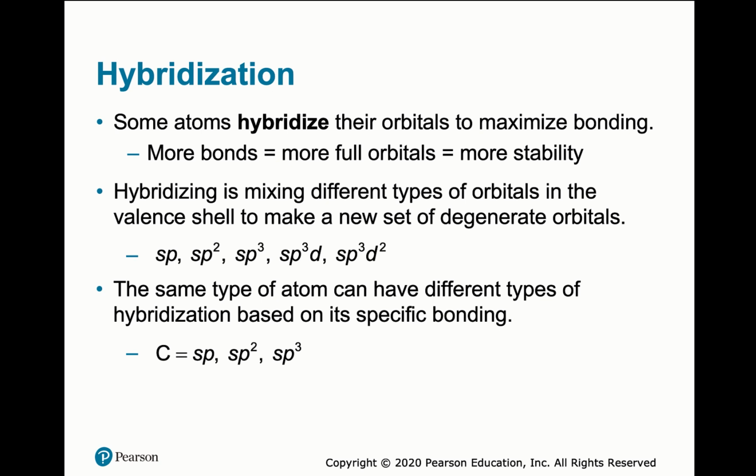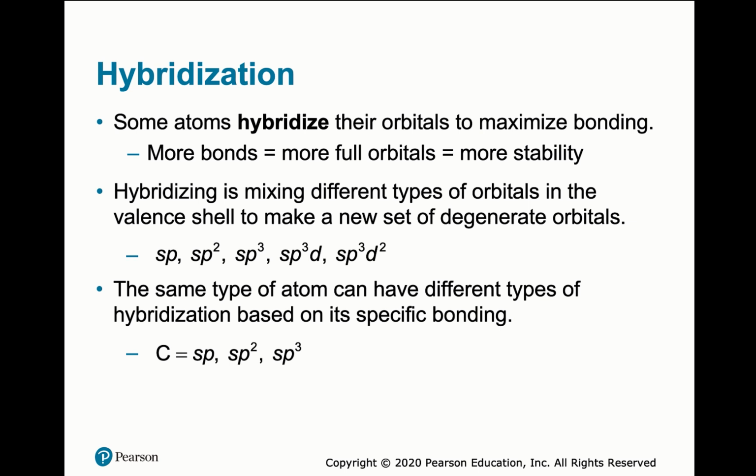hybridized orbitals. And depending on the different types, and remember, degenerate means same energy. So if you have two orbitals needed, that's sp. This is for linear geometry. sp2 is for planar geometry. sp3 is tetrahedral geometry. sp3d is bipyramidal geometry, and sp3d2 is octahedral geometry.